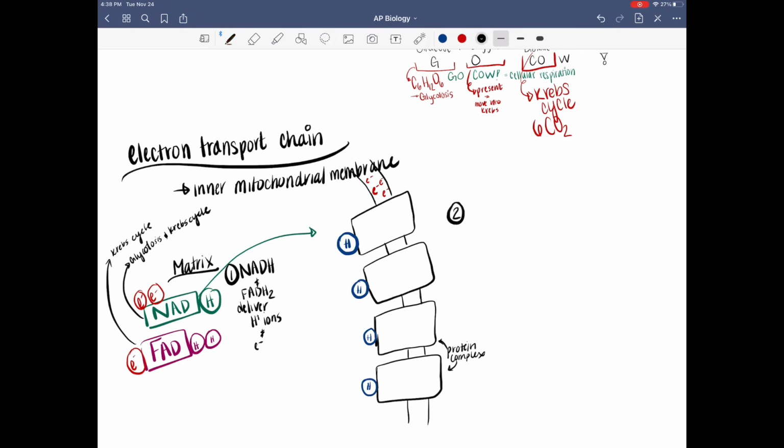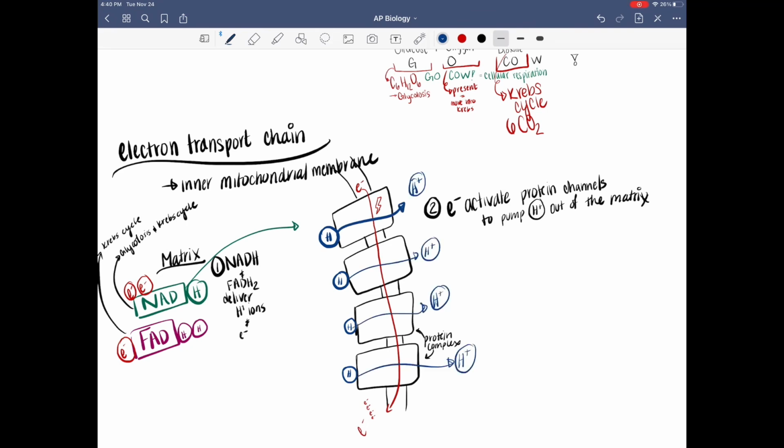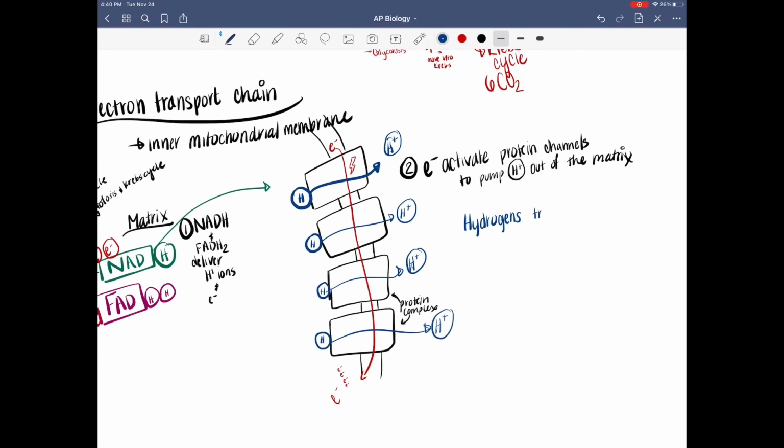The electrons are going to go into that membrane, and those electrons are going to activate those protein channels so that those protein channels can then pump that hydrogen that's now in place out. All right, so you can see your electrons will go through, activating those pumps. And when they go through, those pumps will then pump those hydrogens out of our matrix.